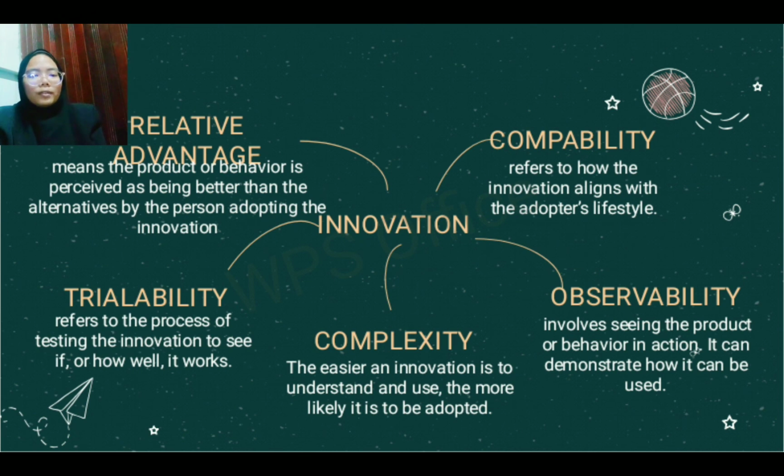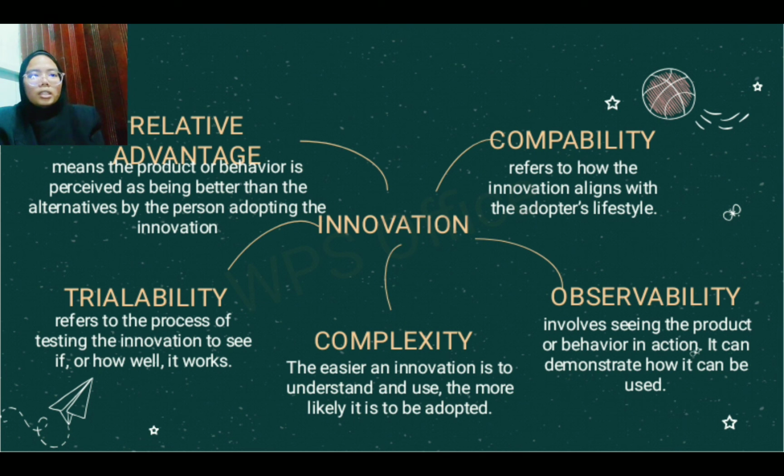Innovation has 5 key attributes in technology: relative advantage, triability, complexity, compatibility, and observability. Relative advantage means the product or behavior is perceived as being better than the alternative by the person adopting the innovation.